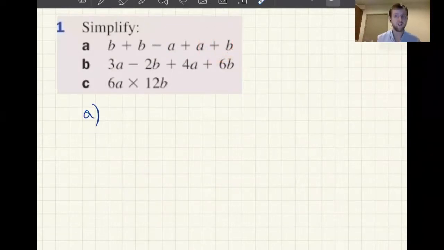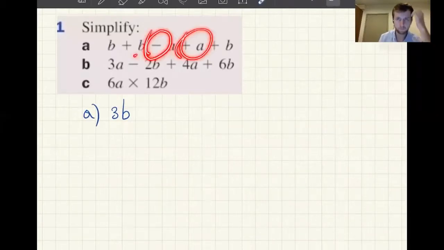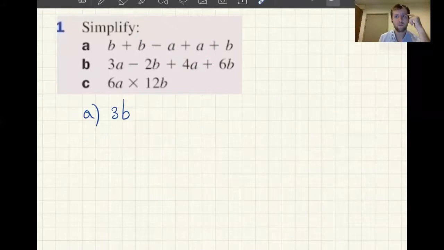Again, the bananas is pretty simple. 1, 2, 3. 3 bananas. So we just write 3B. With apples, a little bit more complicated. Someone takes an apple, and then someone gives it back, which is a bit strange because we didn't have an apple.